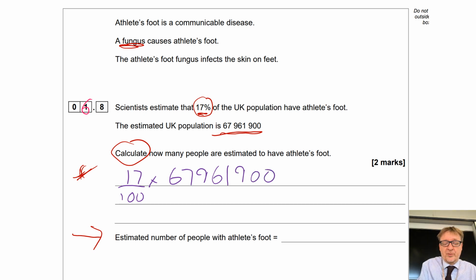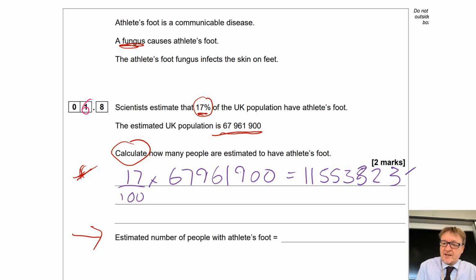Or you could do 0.17 multiplied by the population, whatever it ends up being. That equals 11,553,523. Lots of numbers. Just like I was doing then, make sure you're checking your correct numbers. Estimated number of people with athlete's foot.